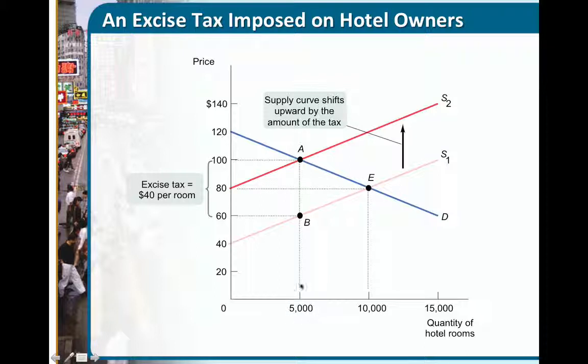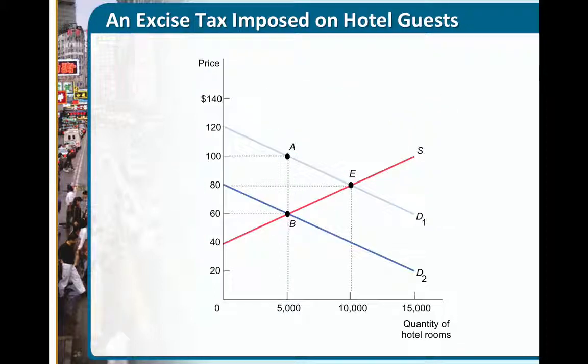There's exactly half of them. There's 5,000 quantity demanded at this new equilibrium, and you can see that an excise tax imposed on the hotel guests would drive down the demand curve in this instance.